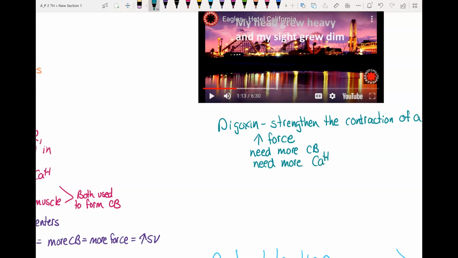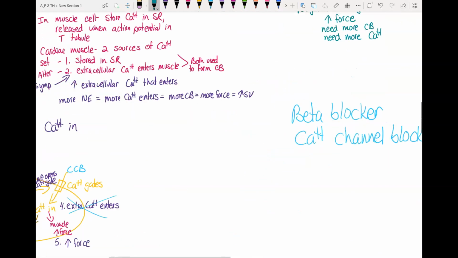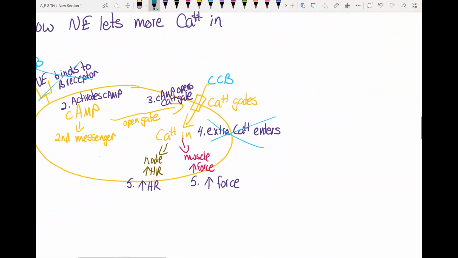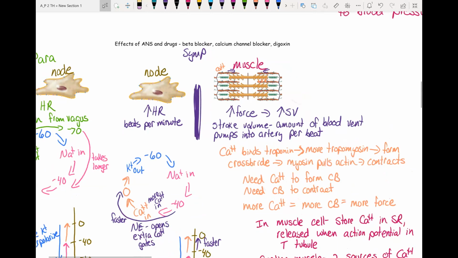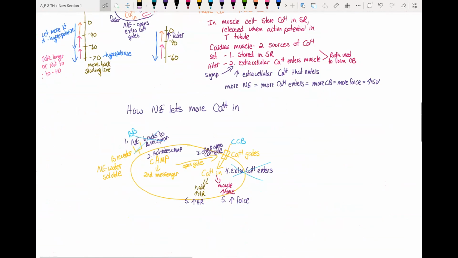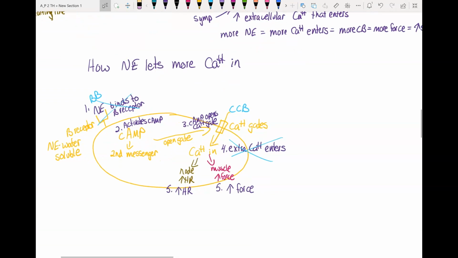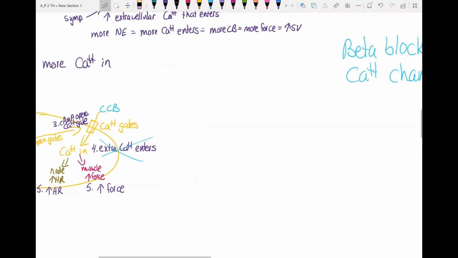And if you want to have more cross bridges, that means you need more calcium. So remember, you have calcium that comes in from outside. Well, that calcium is constantly moving in and out. This extra calcium that comes in, it then turns around and goes back out between heartbeats. It doesn't just stay in there. So the calcium comes in and then it goes back out. Let's just go ahead and make a fresh picture here.